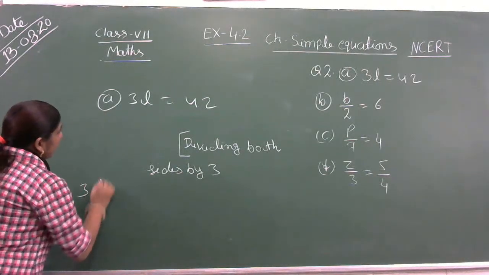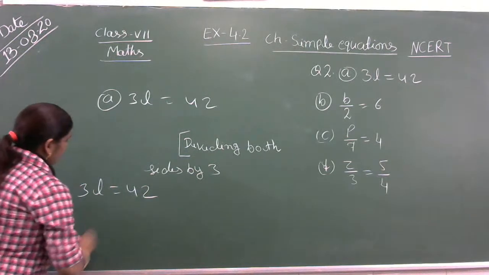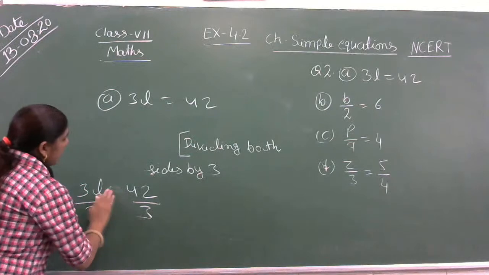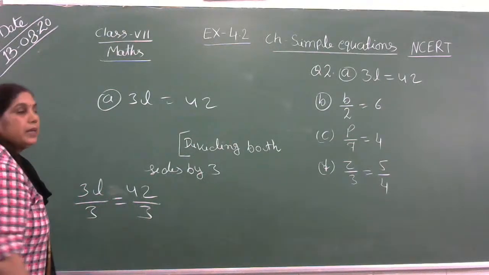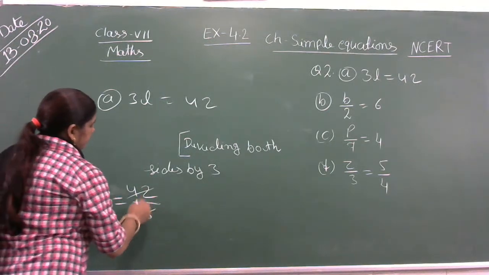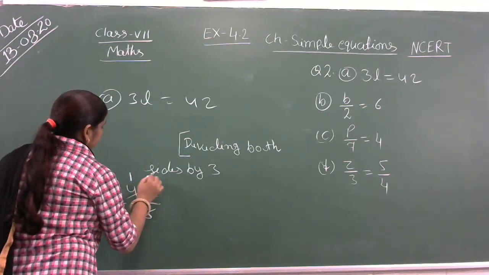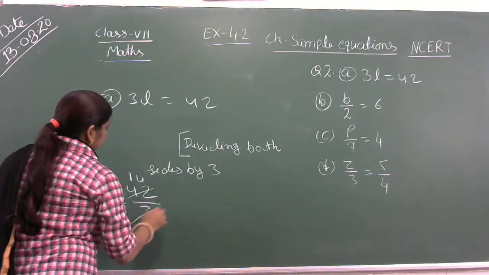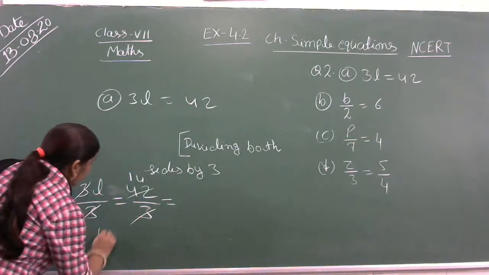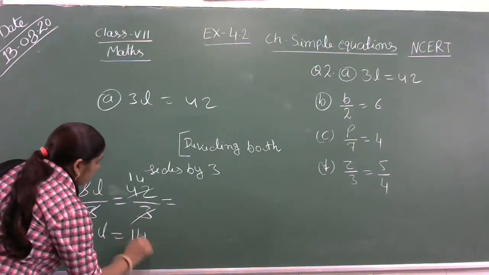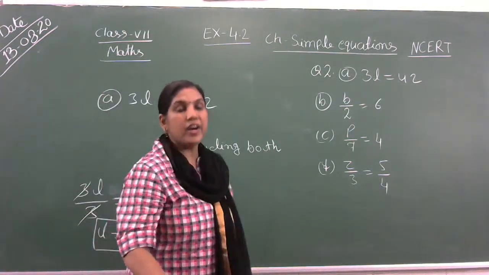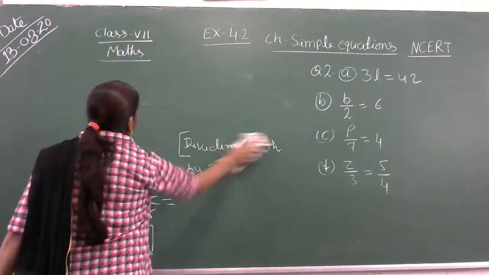So 3L equals 42, both sides divided by 3. The 3 cancels. 3 14s are 42. So L equals 14. This is your answer.